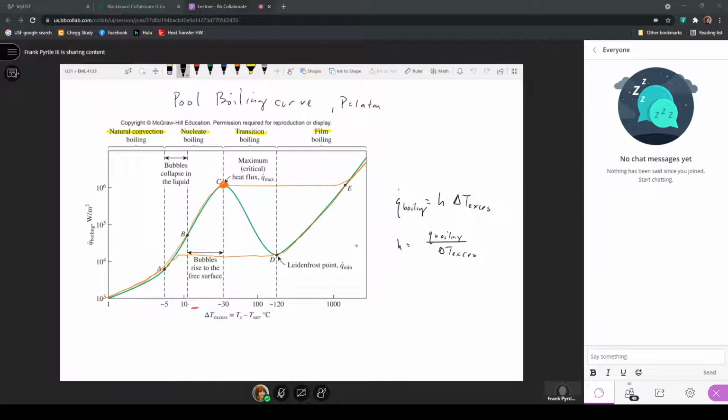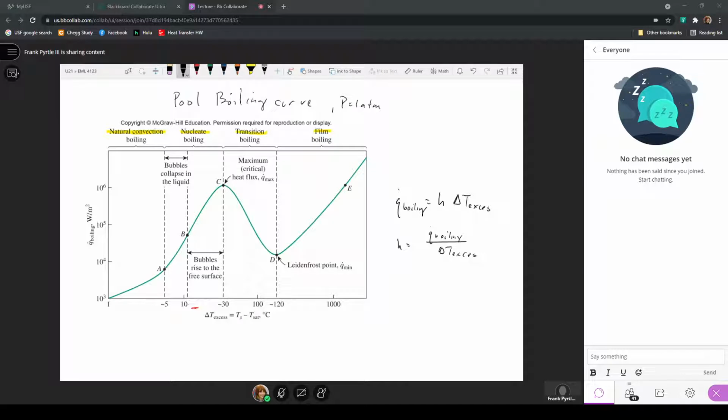Now, from this curve, this green curve here, this is that pool boiling curve. And from this curve, if we read off the y-axis, the heat flux, and the x-axis, the temperature difference, the heat flux for boiling is the heat transfer coefficient times the excess temperature.